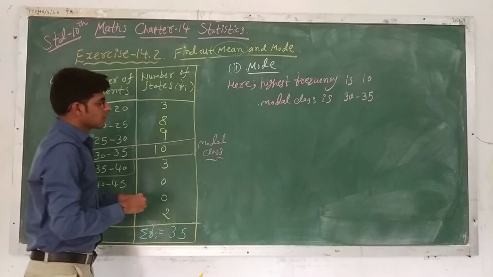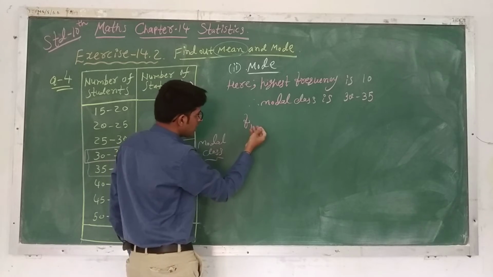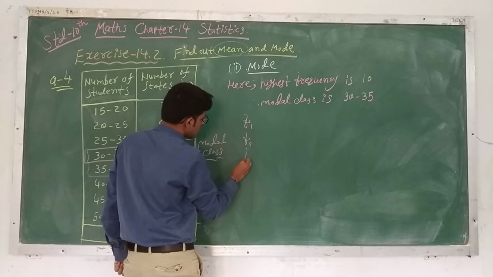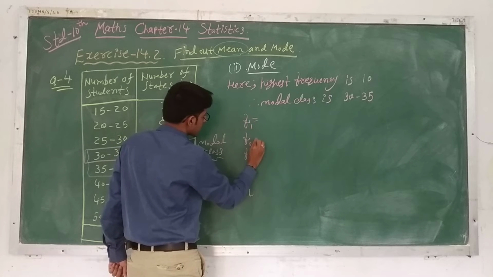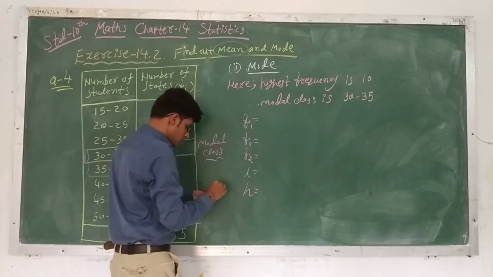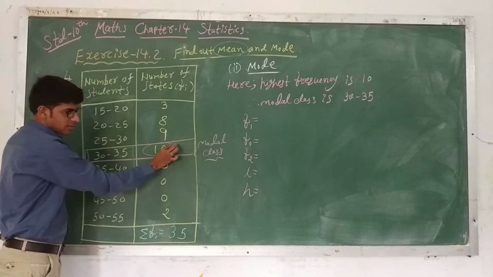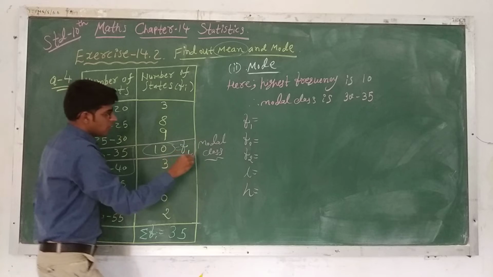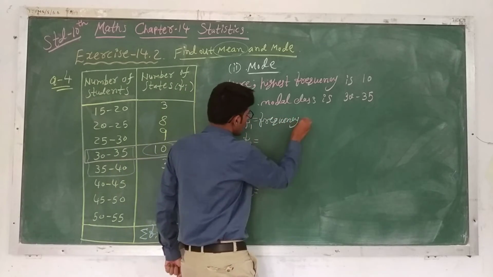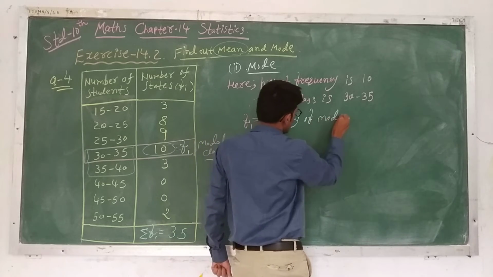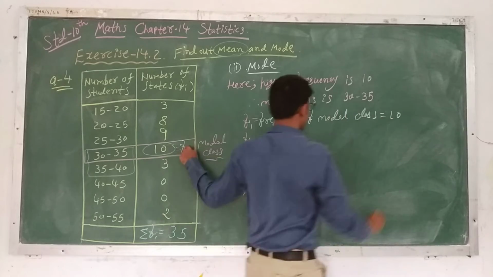So we first write down the values of f1, f0, f2, n and h. First, write down the value of f1. The frequency of the model class is called f1. The frequency of the model class is equal to 10.